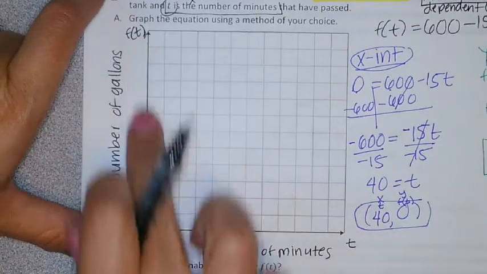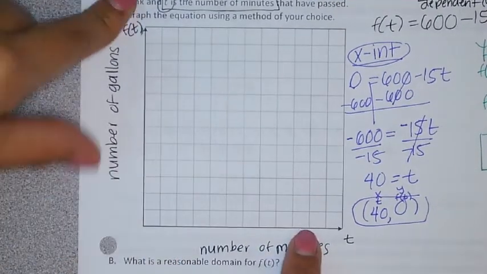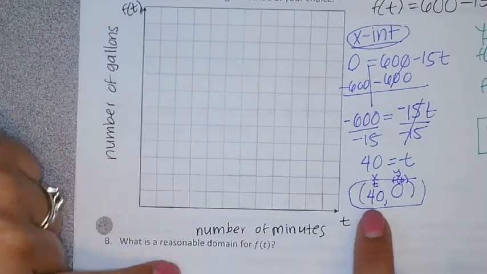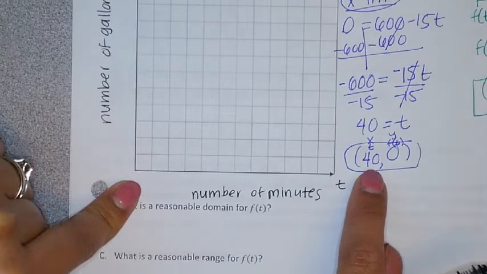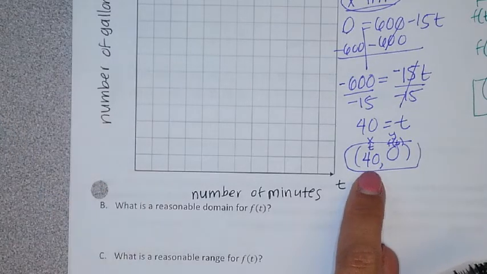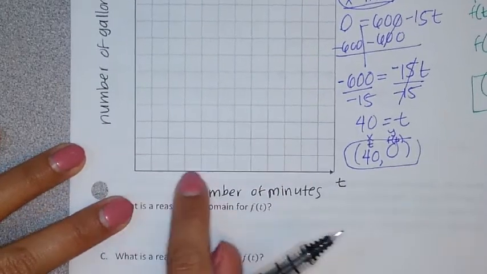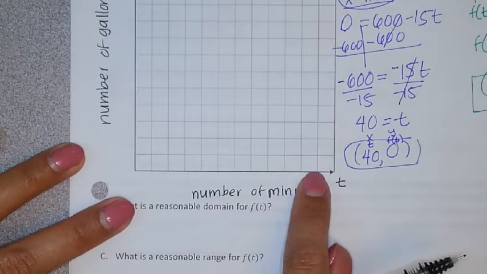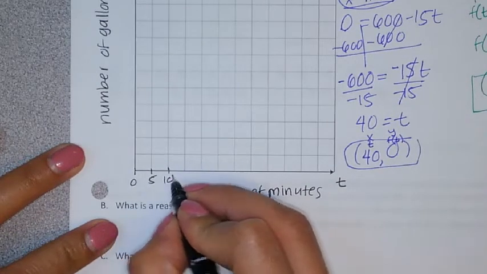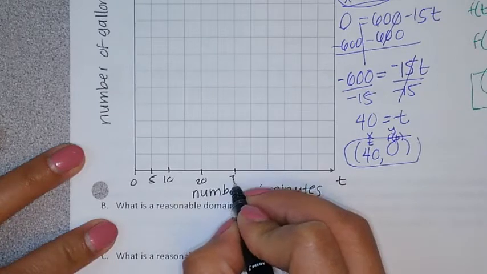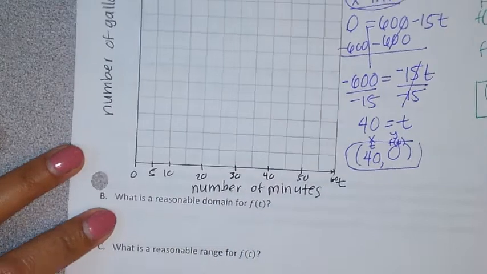Now I need to decide what scale I'm going to use for each of the grids so that I can graph this. I know that on the time, the most time, right, my x-intercept is 40. So 40 minutes is the maximum. So here I can do it by 5, so I have enough space to do that. So this would be like 5, 10, 20, 30, 40, 50, 60, etc. Okay?